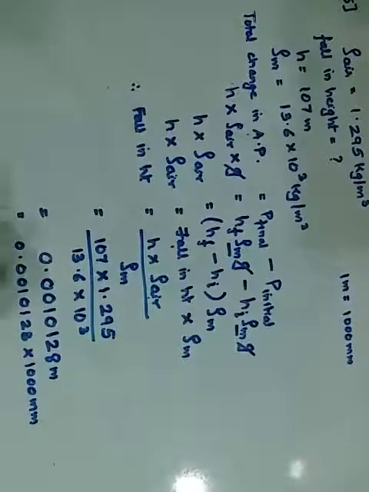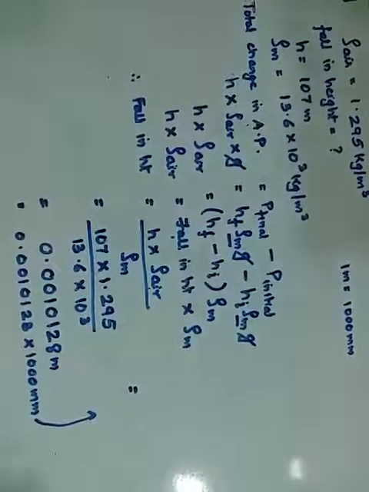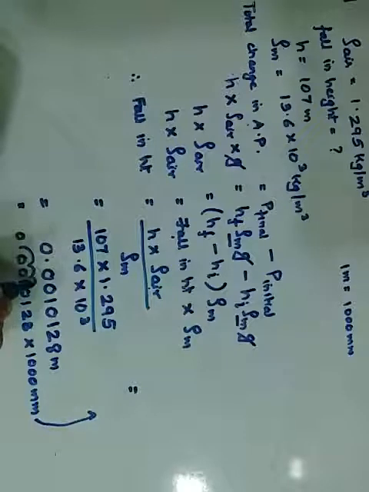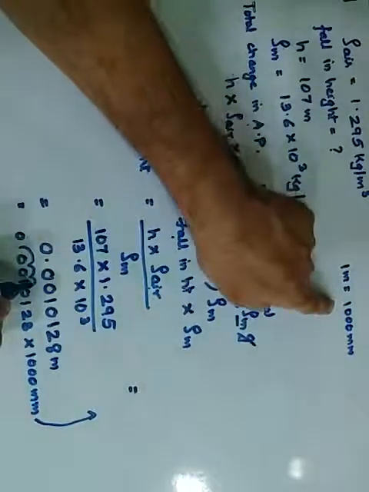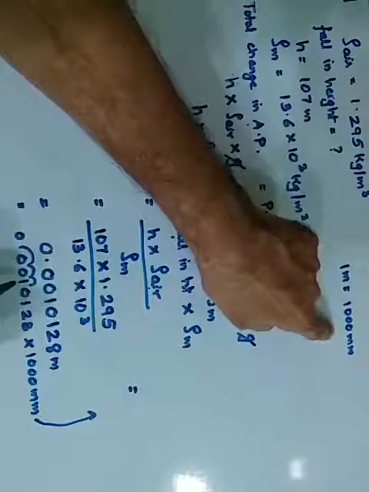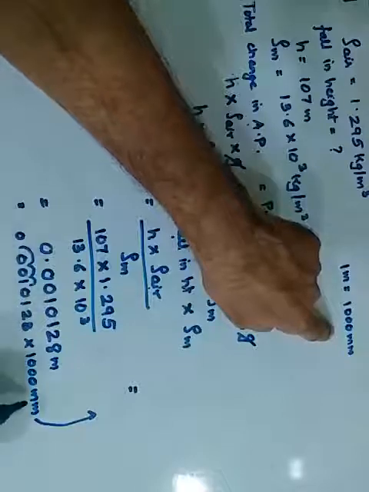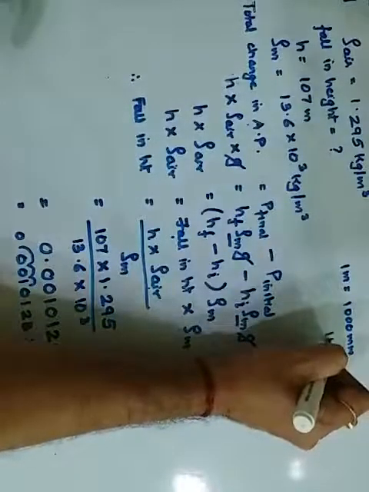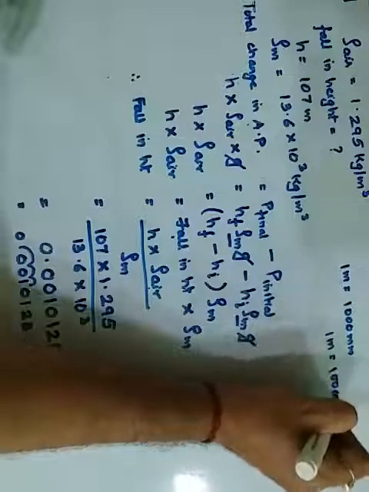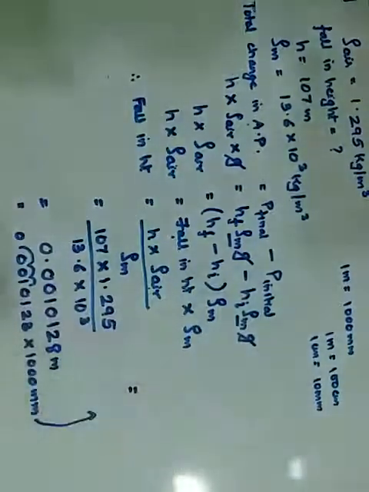Getting it? How much is it coming, one minute. Three places shift. 1 meter is 100 centimeters and 1 centimeter itself is 10 millimeters, so totally 3 zeros should come.